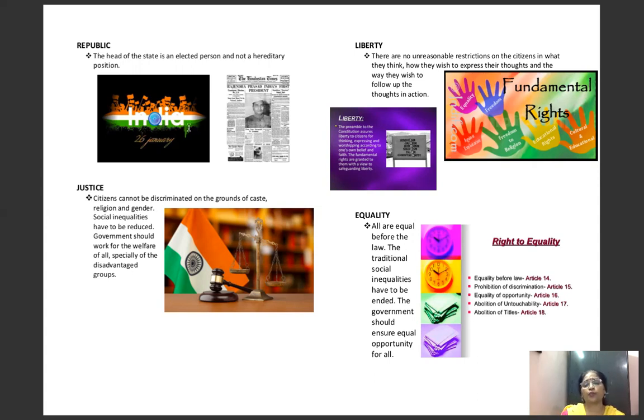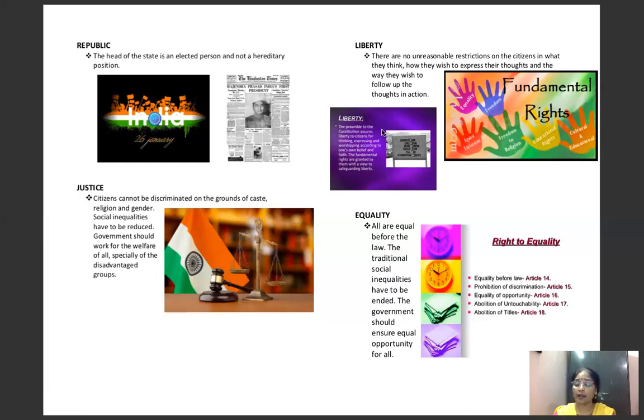And next on, we move on to liberty. We know, we have done in history again, liberty means freedom. And yes, the preamble says that freedom or liberty is a very, very important value. There are no unreasonable restrictions on the citizens in what they think, how they wish to express their thoughts, and the way they wish to follow up the thoughts in action.